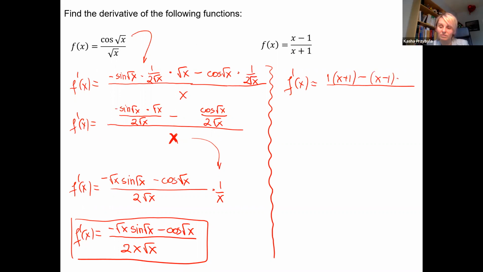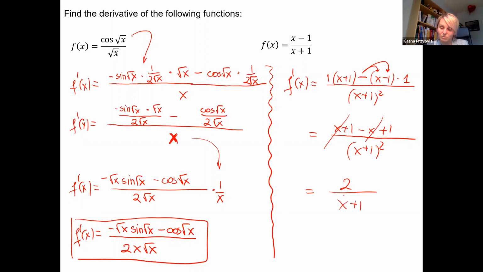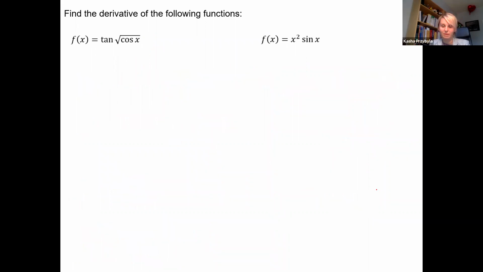Actually, I can copy the function and times 1, and denominator squared. x plus 1 minus x plus 1. Please remember to distribute this because that's just the arithmetic. x and x is gone, 2 over x plus 1. Also nice function. And then 2 more.